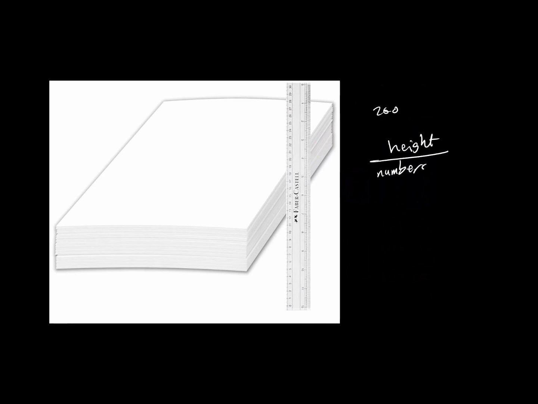If we have a stack of paper like this, for example about 200 sheets of paper or more, we can get the ruler and measure from this point to this point, and from this we can get the total height over the number of sheets, and from this, we can get the thickness of each sheet.